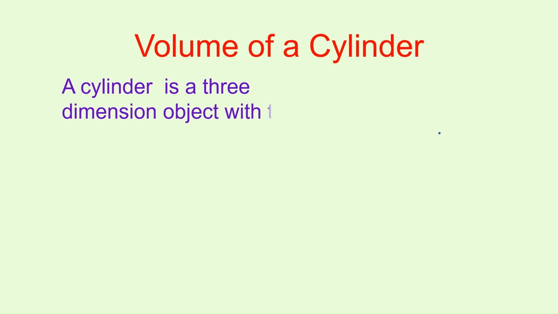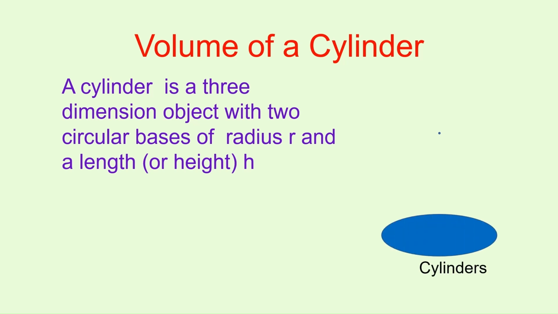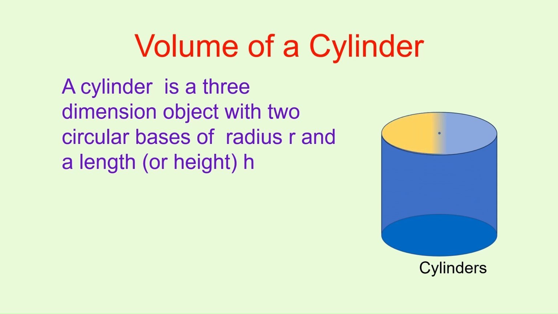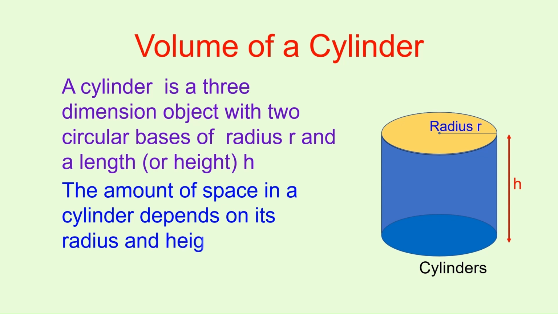The volume of a cylinder. A cylinder is a three-dimensional object with two circular bases of radius r and a length, or height, h. The amount of space in a cylinder depends on its radius and height.